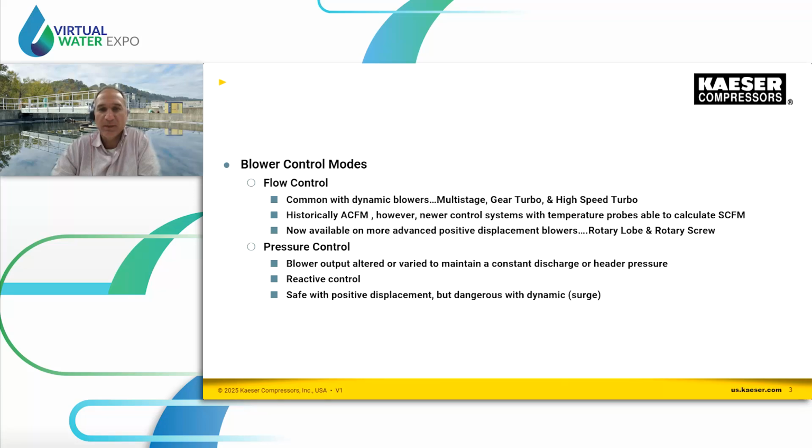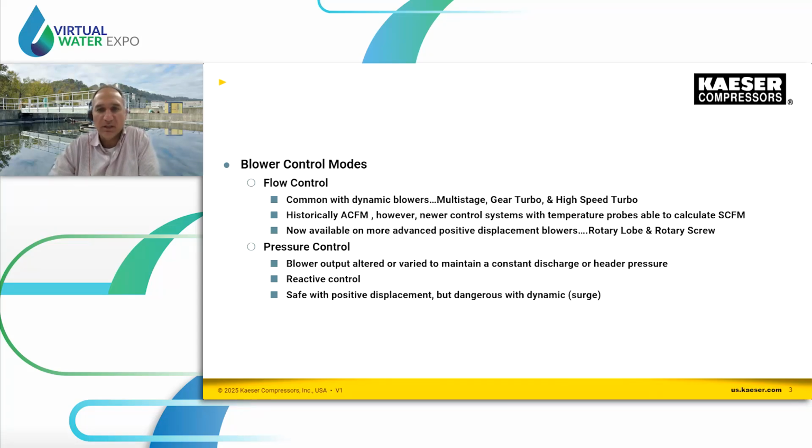So the first one, flow control. This is historically most common with your dynamic blowers. So this would be like your multi-stages, your geared turbos, and of course nowadays your high-speed turbo. Historically, this has always been an ACFM, your inlet flow control method.